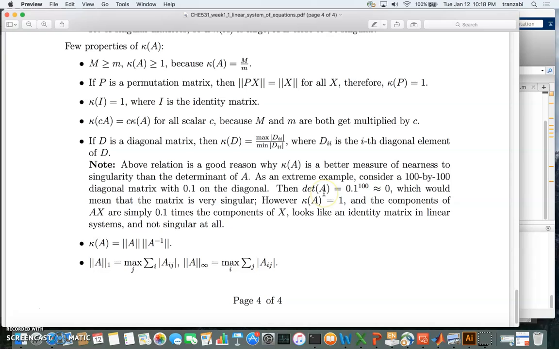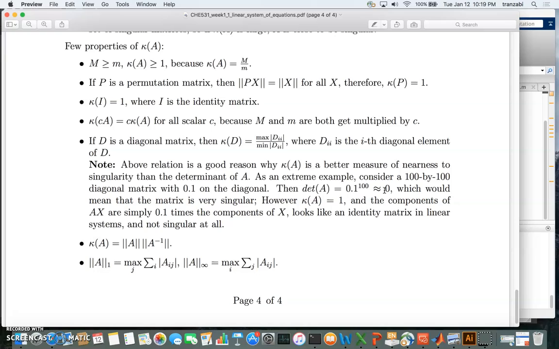Let's assume I have a matrix A with 0.1 along the diagonal and everything else is 0, and let's say you want to do the sensitivity analysis on such an A. If we go with the determinant of A as the metric for the sensitivity of A with respect to perturbation, then, because A has only diagonal elements, 0.1 along the diagonal, and if the dimension of A is 100, a 100 by 100 square matrix, then the determinant of A is going to be 0.1 raised to the 100 power. That is almost 0.